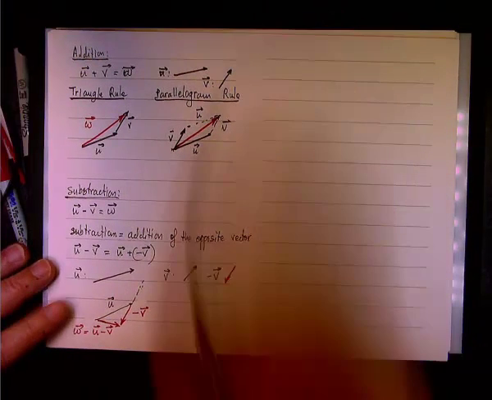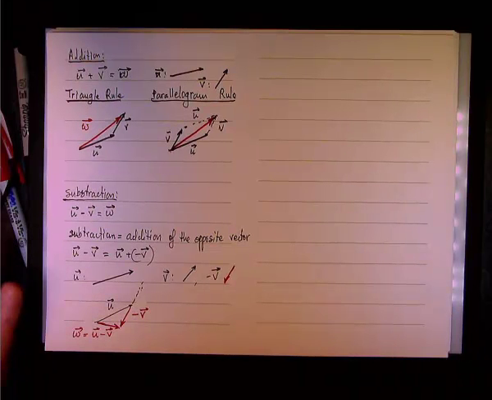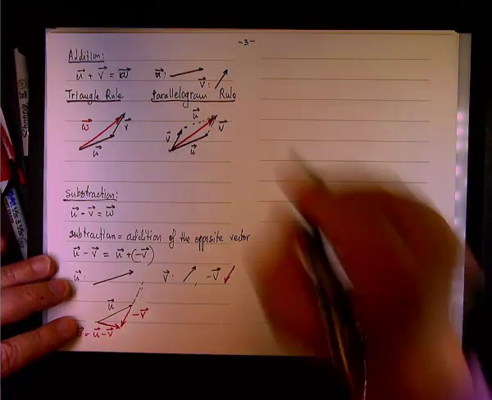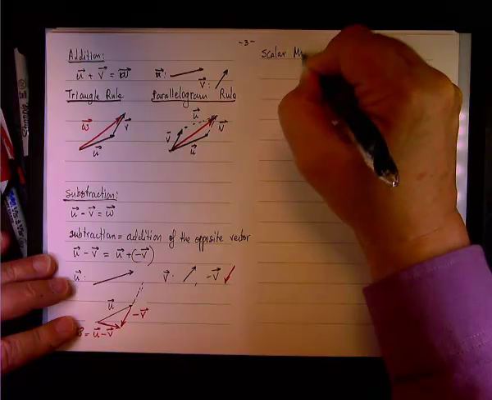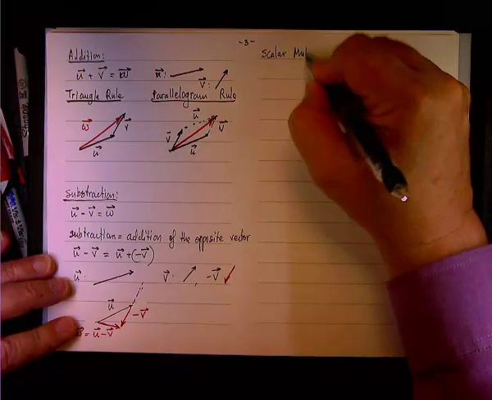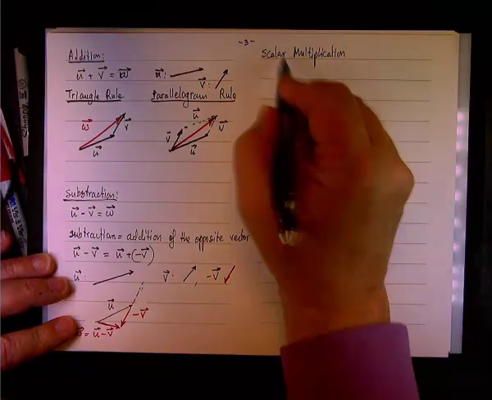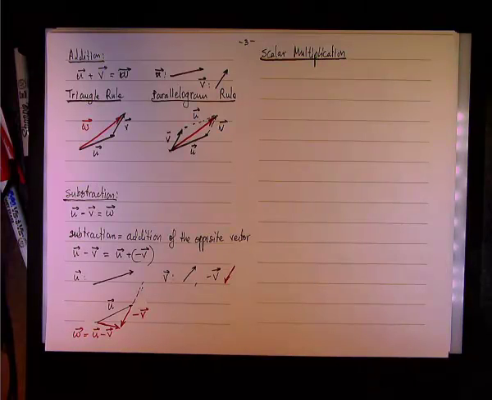Let's talk about scalar multiplication. This is really redundant because you all saw this already either in trig or pre-calculus, so this is simply a little refresher. The word scalar comes from scale. We take a vector and we scale it.